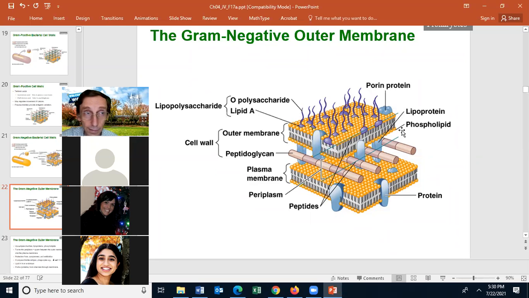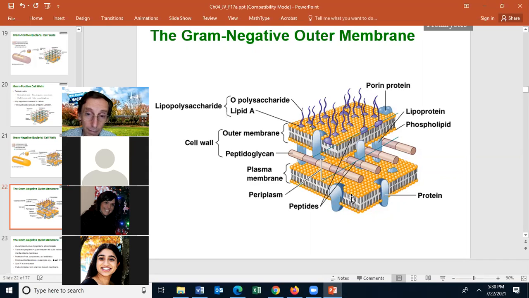It is true that oxygen and carbon dioxide can get through it, and we'll talk a little bit more about those later. The porin protein is different in that it allows many different molecules to come through the outer membrane. So the outer membrane is not as particular about what it allows in and out.